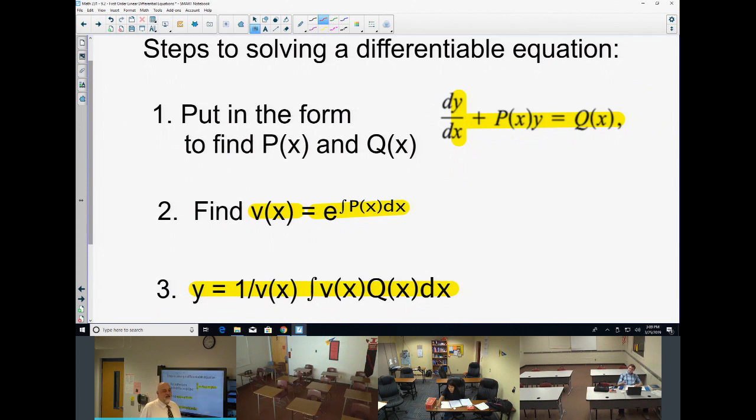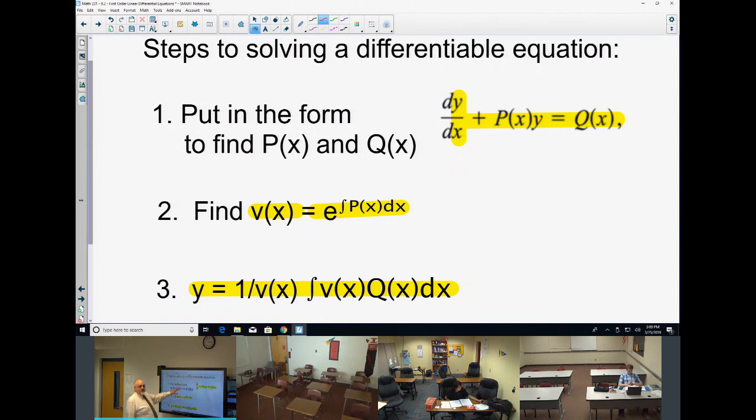So I developed this formula just based on my own doing these problems. And so it actually saves you like 5 steps. But this is it. Once you find the v of x, this is the answer. Okay? So 1 over v of x times the integral of v of x q of x dx. Okay? So let's do an example.